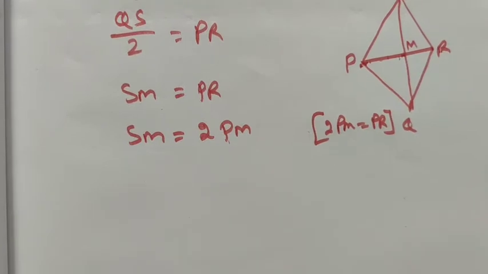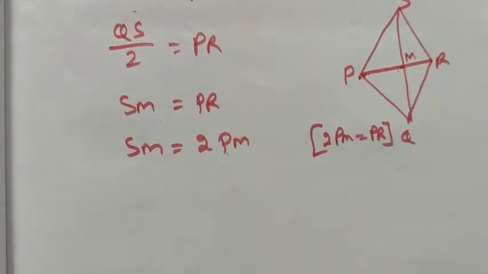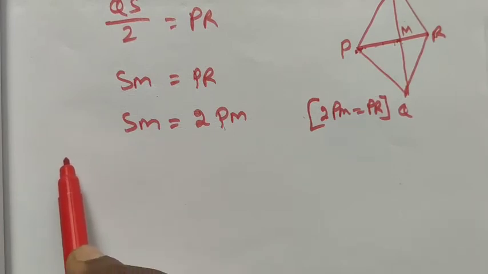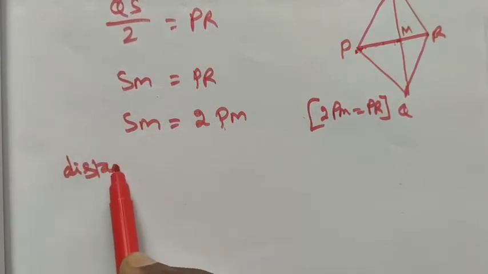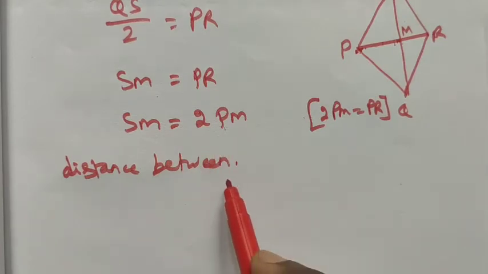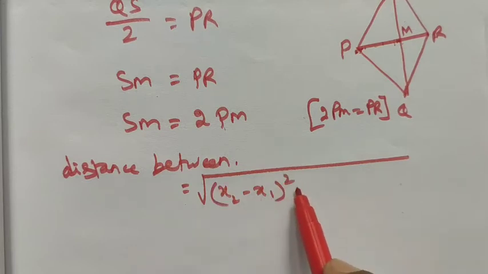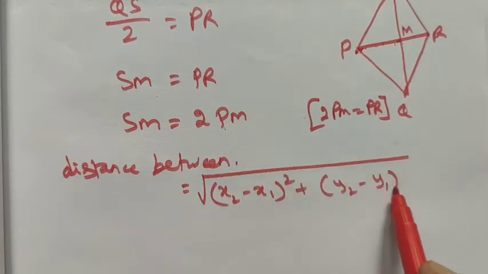Now we want to find the distance of SM and PM. We know the distance formula: root of x2 minus x1 whole square plus y2 minus y1 whole square.